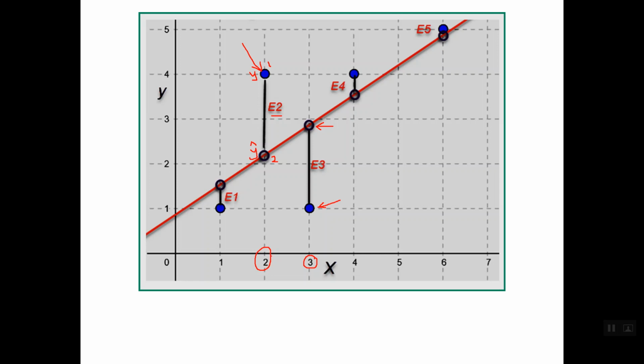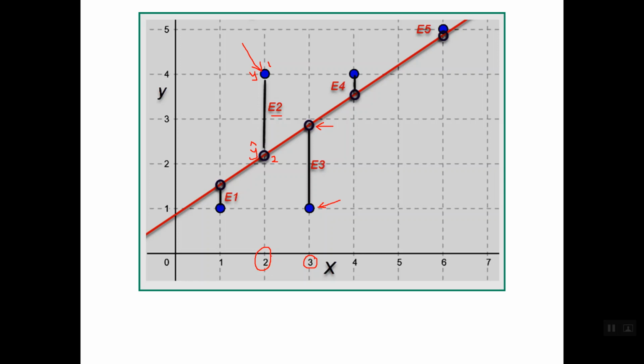So as you see here, sometimes the actual value lies above the linear regression line, sometimes below it. So sometimes the error is positive, sometimes it is negative.